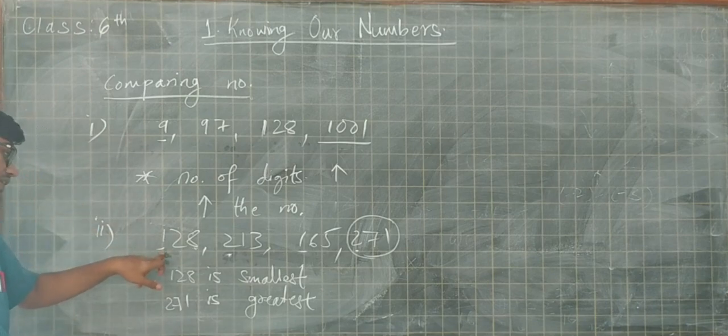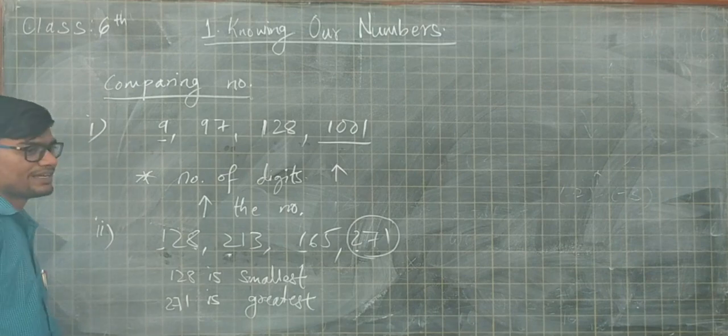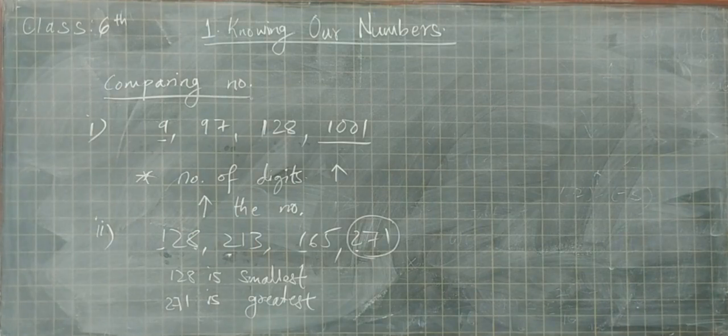Like the place value here is 100 and the place value here is 10. So we can move to the next place value. Before 100 we have 10 and before 10 we have 1s. So this is how we compare numbers.